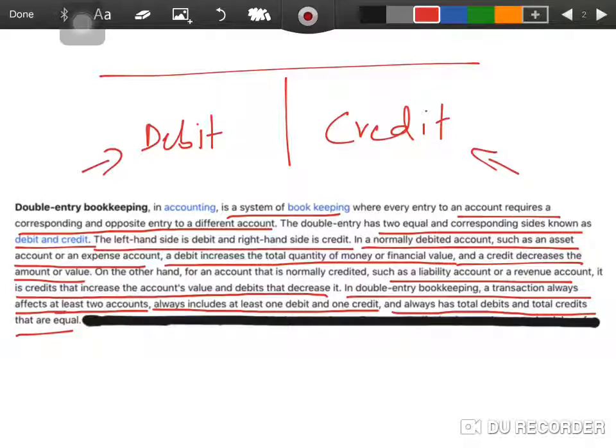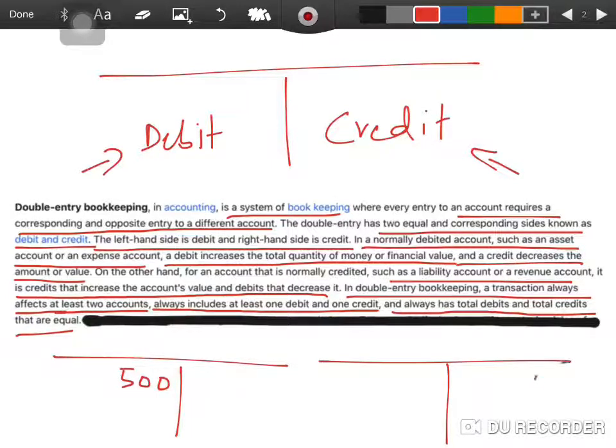So if, let's say, in a T account I am recording 500 on the debit side, I have to record 500 on the credit side of another T account as well. So the total amount that I record on the debit side has to be equal to the total amount that I record on the credit side.